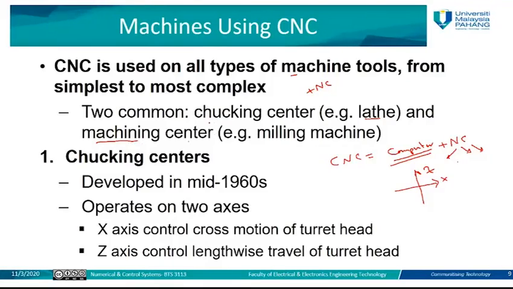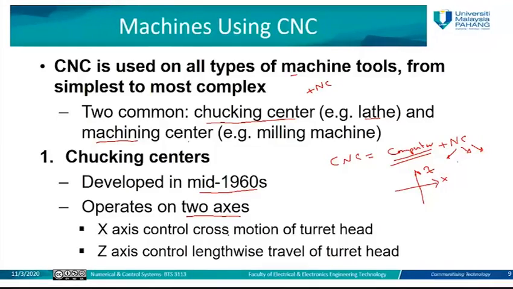So the first is the turning center, which has more two-axis machines, and then we have the machining center, like milling machines, which is more on machines that have more than 2 axes. The turning center was developed in the mid 1960s and operates on 2 axes.